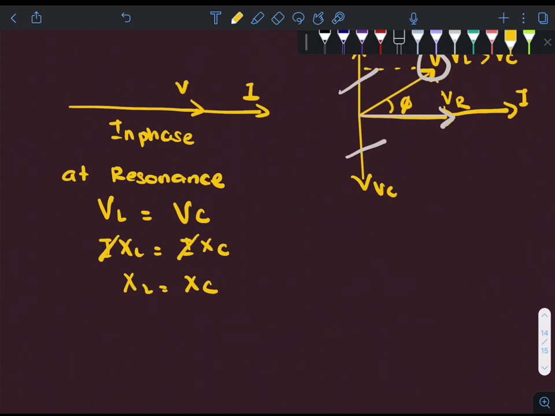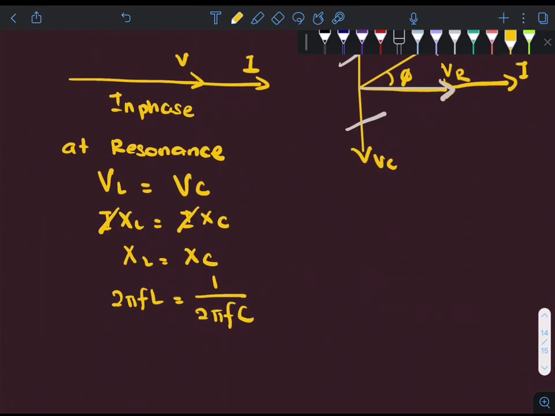To find the value of capacitance, XL is equal to 2 pi FL and XC is equal to 1 over 2 pi FC. Rearranging this equation, we can have F equal to 1 over 2 pi root LC, or this is known as the resonant frequency.